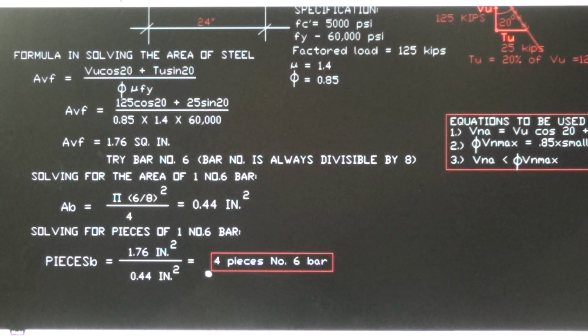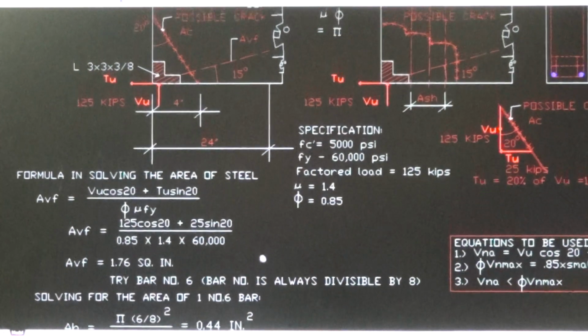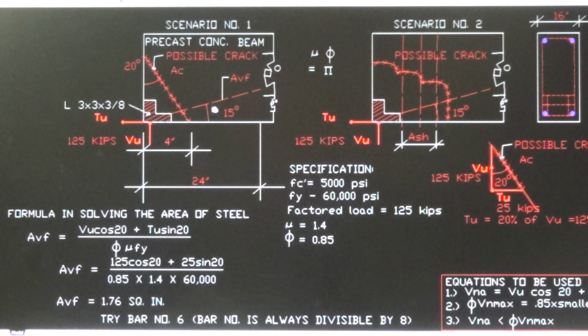That gives you 4 pieces of number 6 bars, since we used number 6 bar in our calculation. So there are 4 pieces of reinforcement that we're going to install here at the development length of up to 24 inches. So 4 of them is in the design.